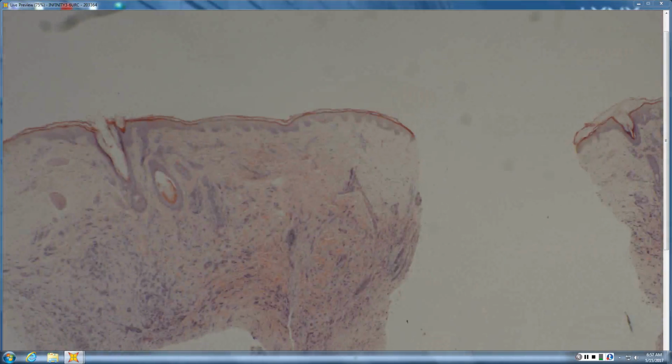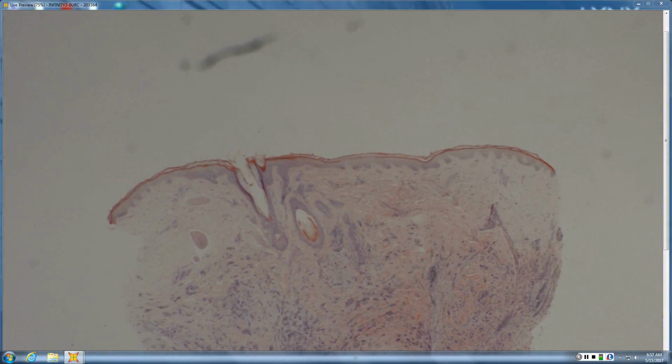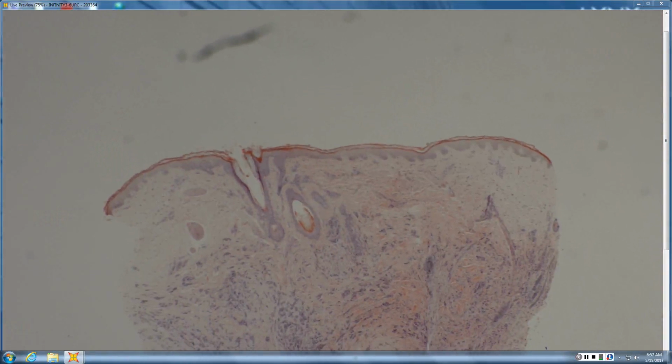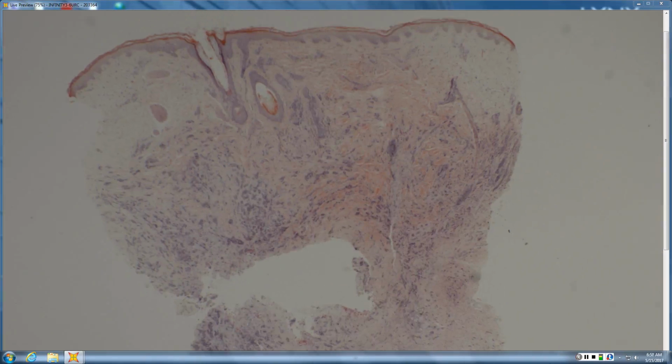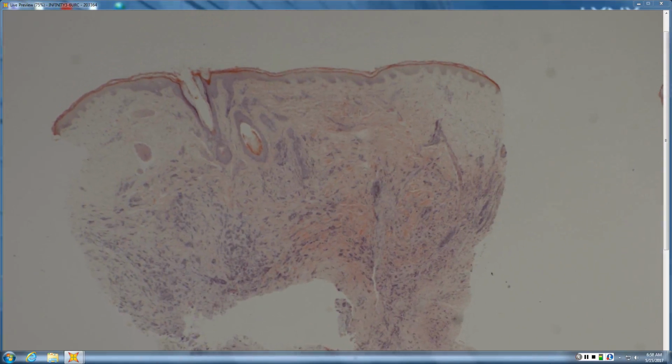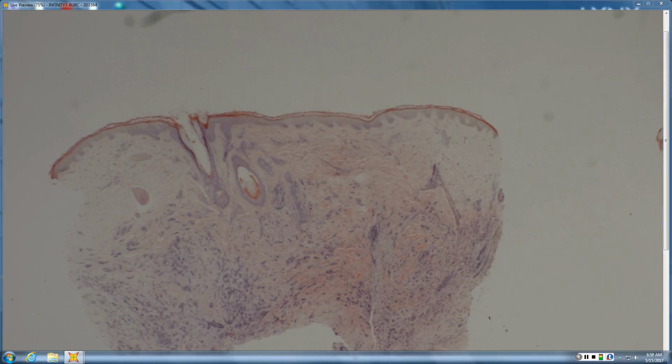Okay. Number 5, again, you can see that from 2x, this has kind of a busy dermis differential, but not quite like a scar or sclerotic edema or something like that. But those would be things you might be thinking of from 2x.